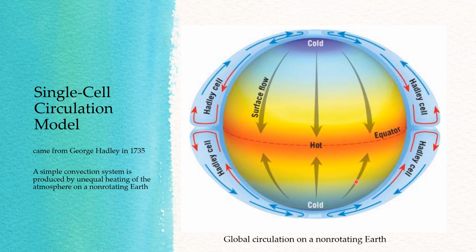As this cold polar air approaches the equator, it is reheated again and rises again, and it's the same pattern. The air rises, goes to the pole and spreads, there's the surface flow, and it's reheated again and goes up again, and it's opposite for the southern hemisphere.